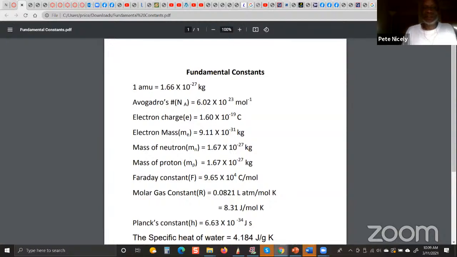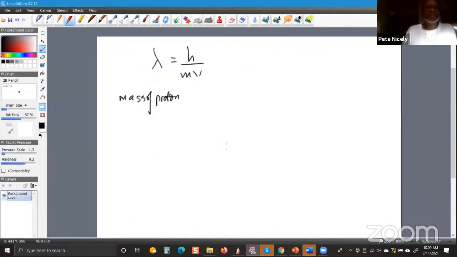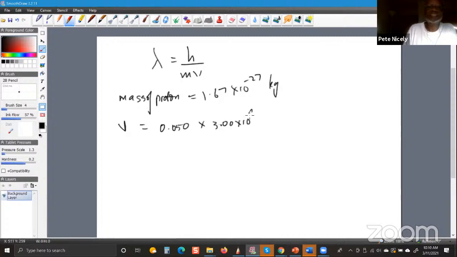So the mass of the proton is 1.67 times 10 to the minus 27 kilograms. Before I forget it. That's the mass of the proton. And then it says the velocity is 5.0%, so 0.050 times the speed of light, which is 3.00 times 10 to the 8 meters per second.